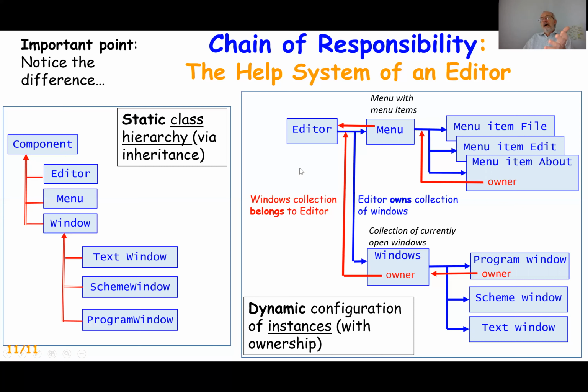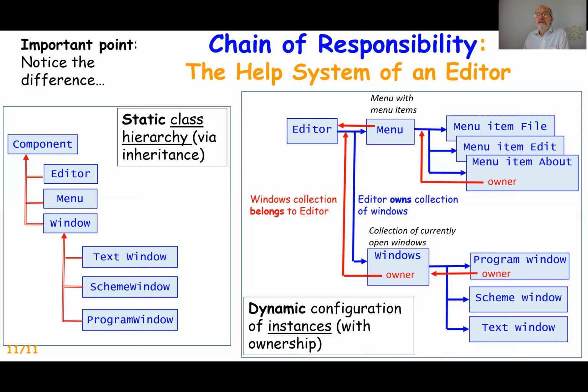Look, blue arrows reflect the ownership. For example, editor, the root instance of the software system when it is running, owns menu and Windows instances. Those instances in turn own menu items and window instances respectively.